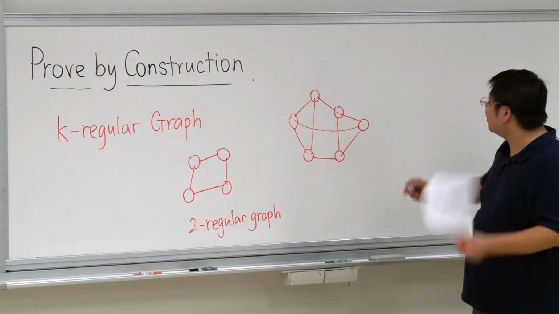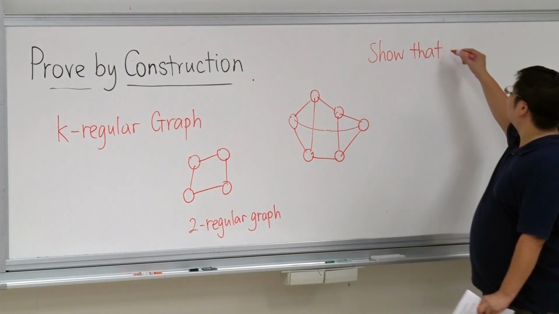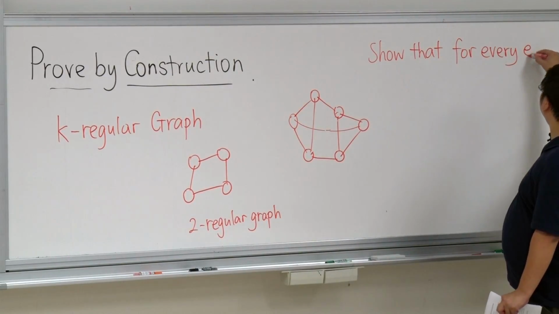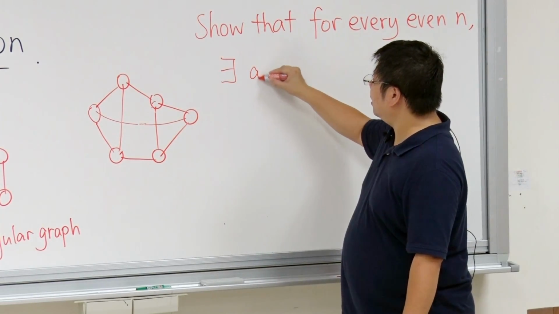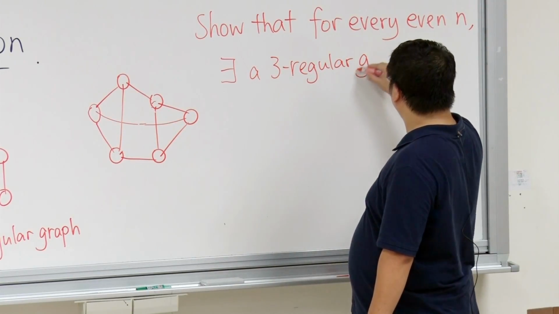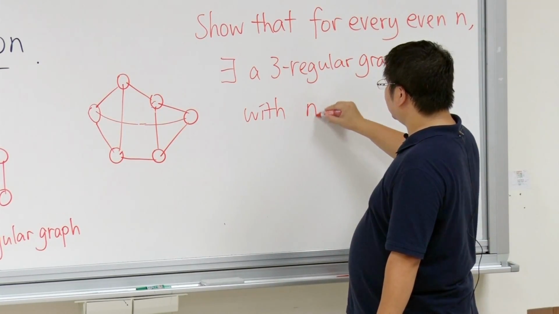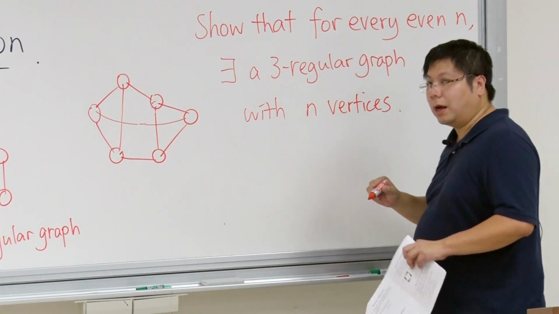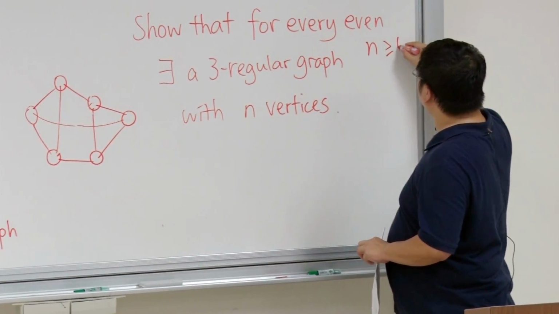So here this theorem says, show that for every even integer n, there exists a 3-regular graph with n vertices. I need a restriction for every even n, let's say n is greater than or equal to 4.